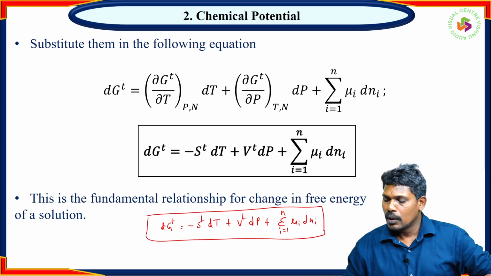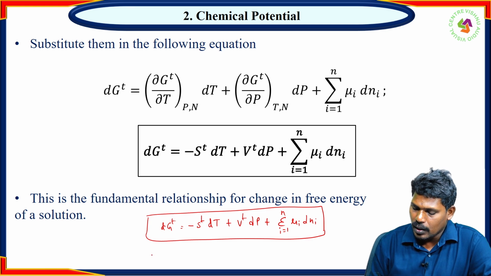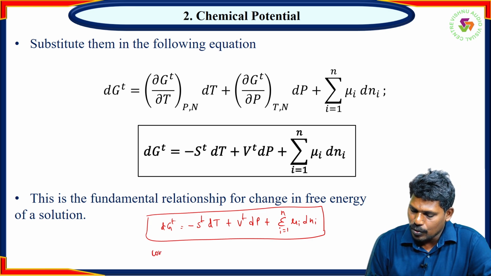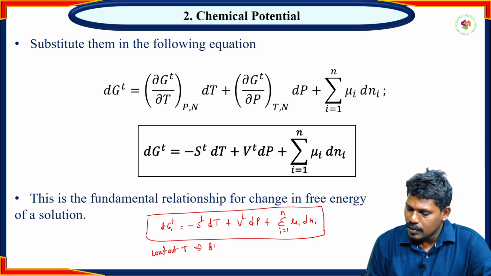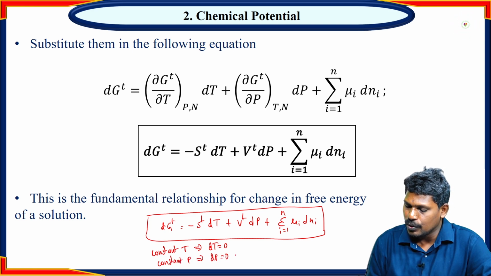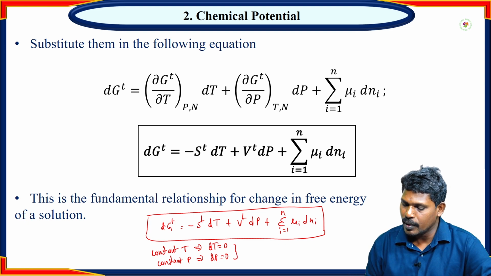Okay, after this, assume constant temperature, so dT is equal to 0, and constant pressure, so dP is equal to 0. Now substitute them in the above equation.